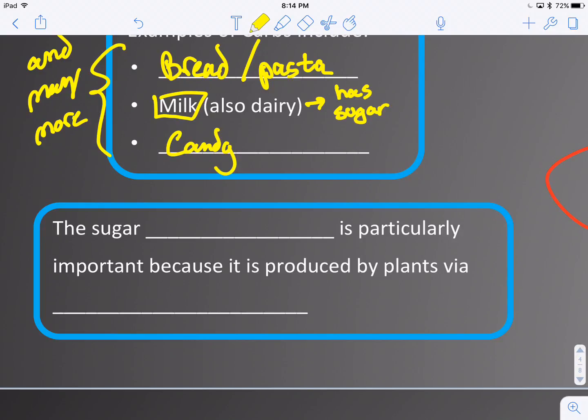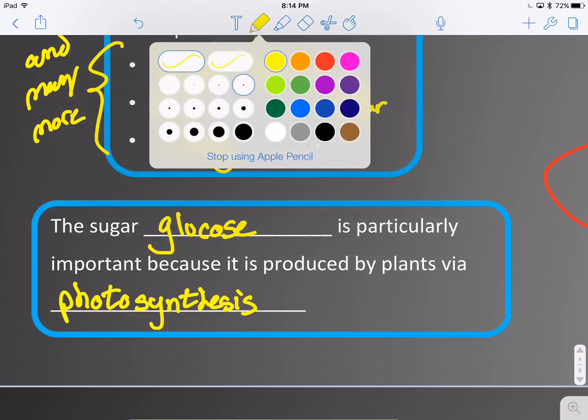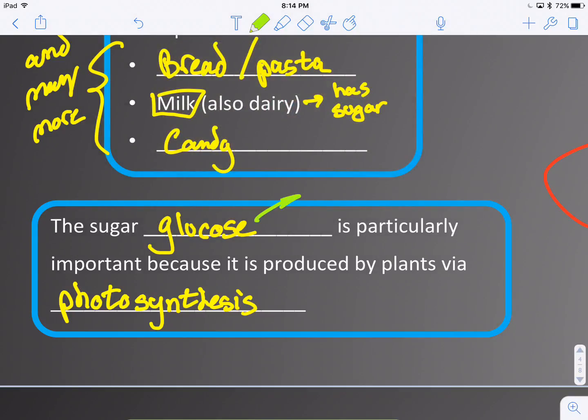The sugar that we're really most interested in is the sugar called glucose. And the reason that we're so interested in this is because it's what's produced by plants in photosynthesis. Okay, think of glucose as the simplest sugar.